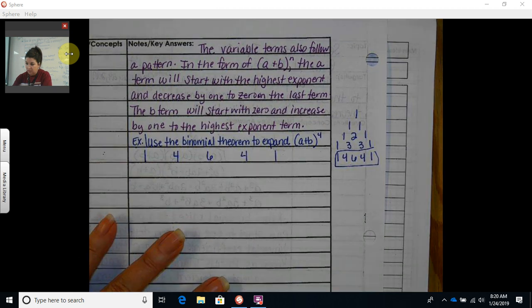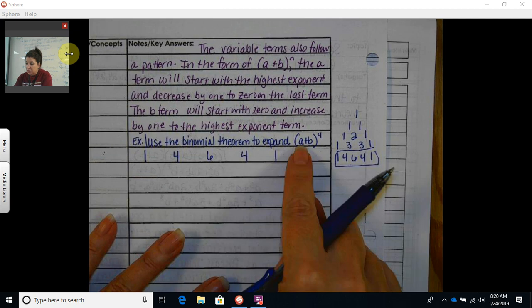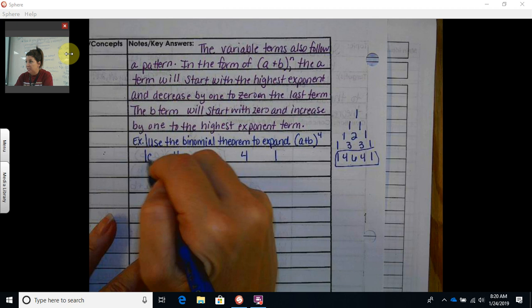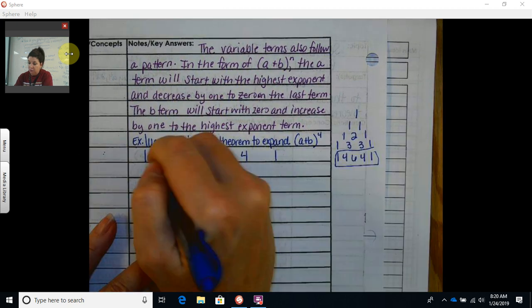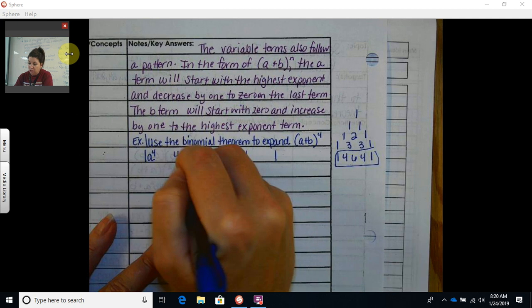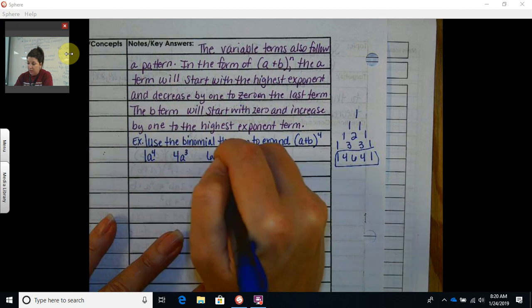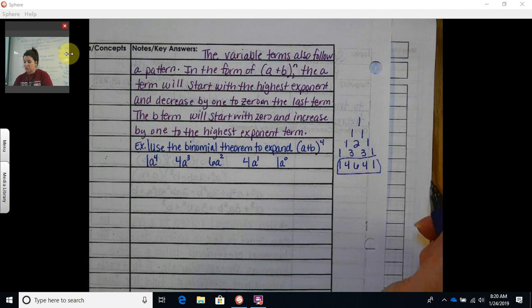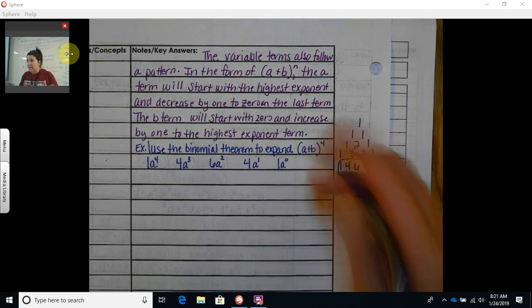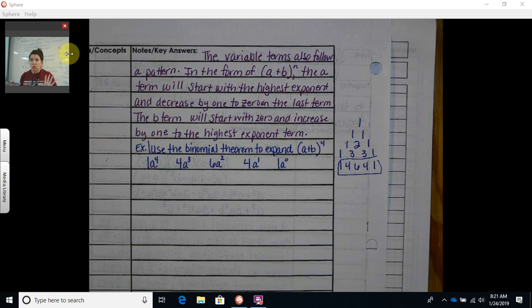The first term is going to start with however many degrees you are expanding it to. So 4: a to the 4th, a cubed, a squared, a to the 1st, a to the 0. What is a to the 0? 1, right? So we don't really need that, but it helps keep everything in order, and then we can go back and clean it up.